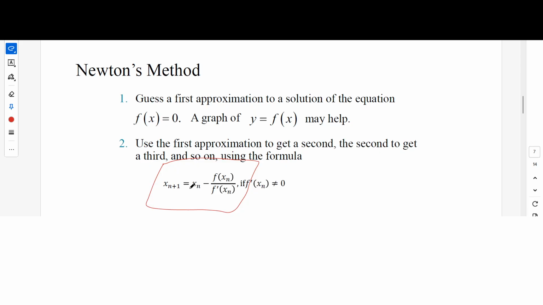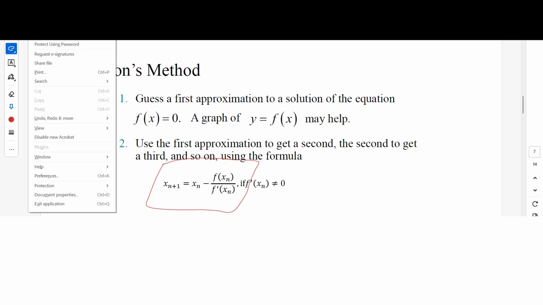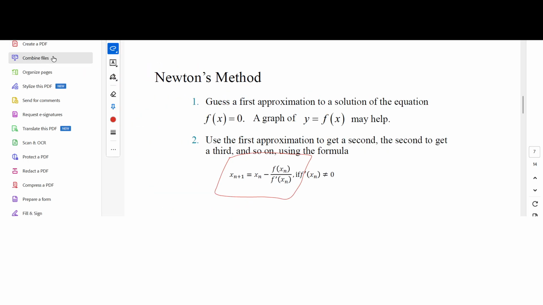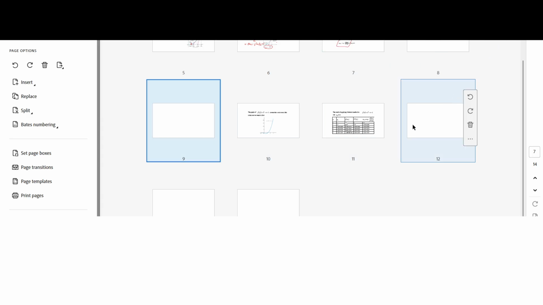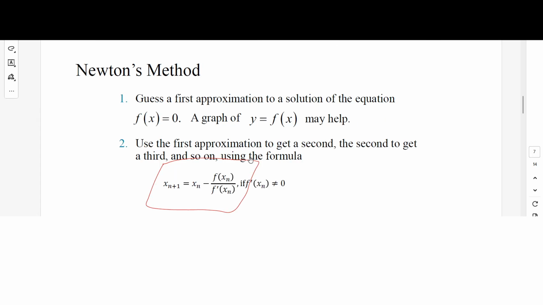So now let's go back to the problem we were doing before. We were trying to solve the square root of 5.